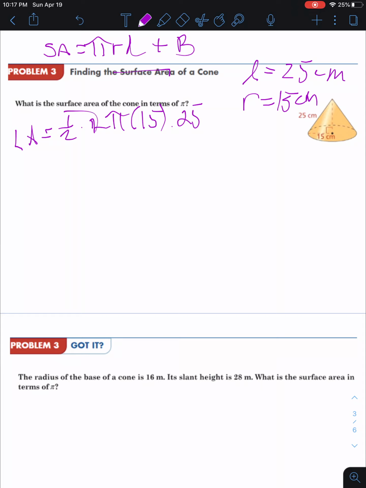Again, the 2 times 1/2 is 1. So then we're going to have pi times 15 times 25, which would make 375 pi. So there's the LA.